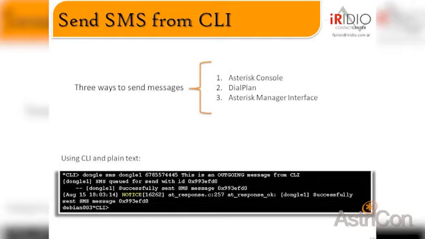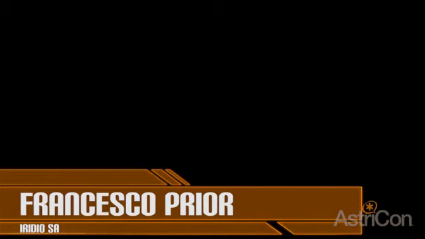Starting with the CLI, the syntax to send a message is dongle sms, dongle name, phone number of the destination, and finally the text message. I repeat, dongle sms, dongle1 in our case, my mobile phone, for example, and the message. This is an example of an outgoing message from the CLI.